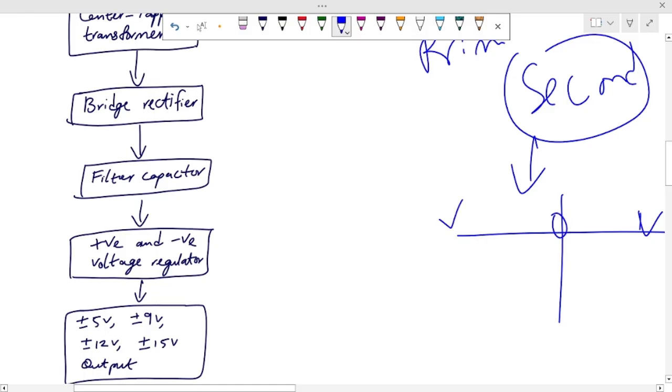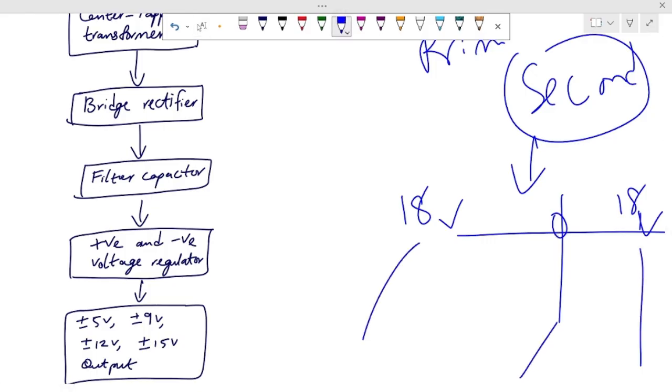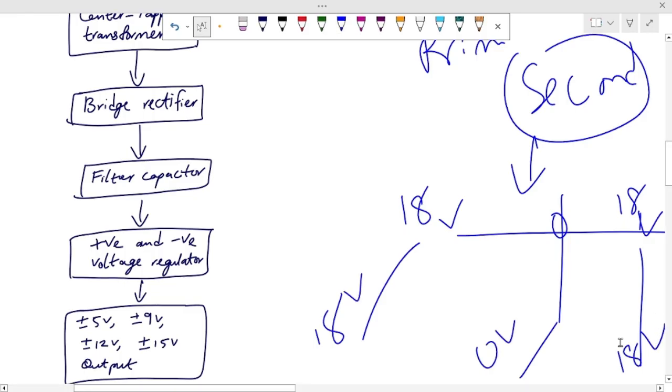In our design here, this side is 18 volts, this side is also 18 volts. So it has been stepped down from what comes in. 18 volts, 18 volts, and the center is ground. So we have 3 outputs: 1, 2, 3. 18 volts, 0 volts, and 18 volts. Are we following?